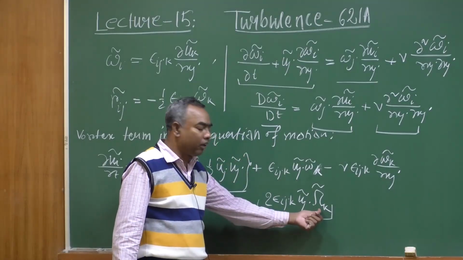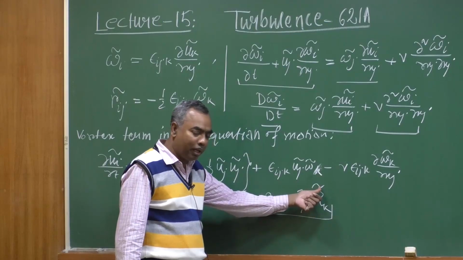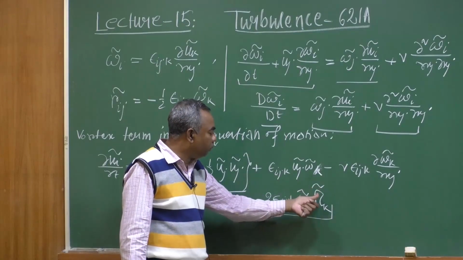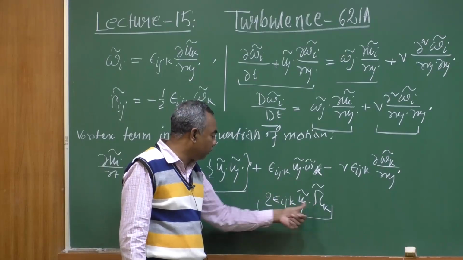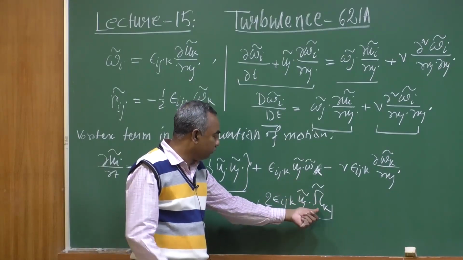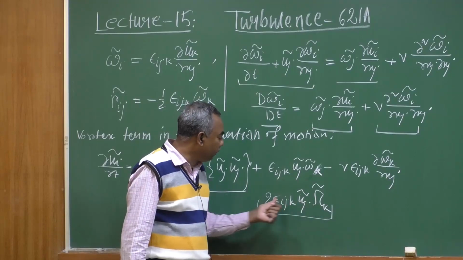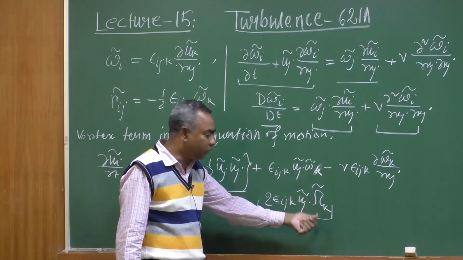So, 2 into that angular velocity, omega k or capital omega tilde we have used, please note that. If we do not use tilde, that means that is actually our mean vorticity, which we are going to consider from next onward, after some time. So, 2 into omega k tilde is nothing but your vorticity, okay. That is what we would like to mean here.